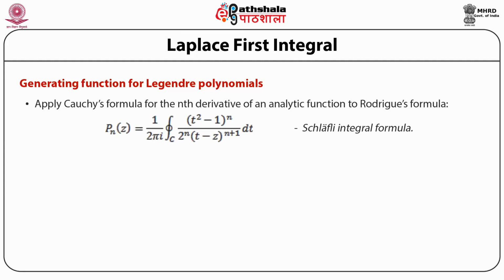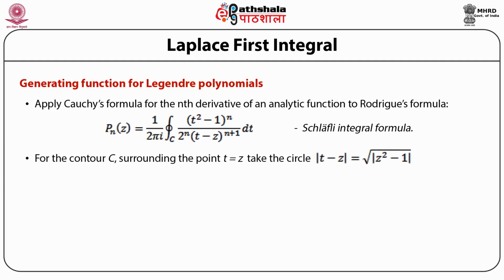If we use Cauchy's formula for the nth derivative of an analytic function for the Rodrigues formula, we obtain Pn(z) equal to 1 by 2 pi i, the contour integral of (t^2 minus 1)^n by 2^n (t minus z)^(n+1) dt, where C is any closed contour surrounding the point t equal to z. This is called the Schläfli integral formula.